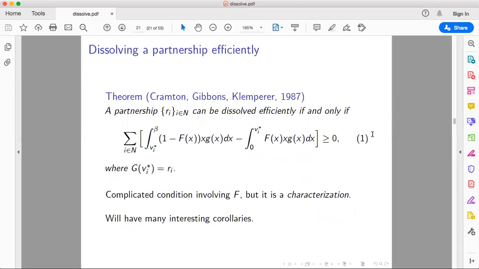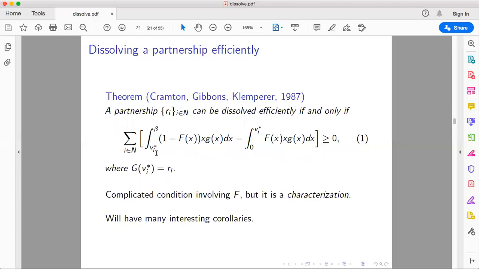Okay. So now we move on to the characterization. The Cramton-Gibbons-Klemperer main result is a complete description of all the partnerships that can be dissolved efficiently. So they say that a partnership R can be dissolved efficiently if and only if this condition holds. And this condition depends on R in an indirect way, so to say.